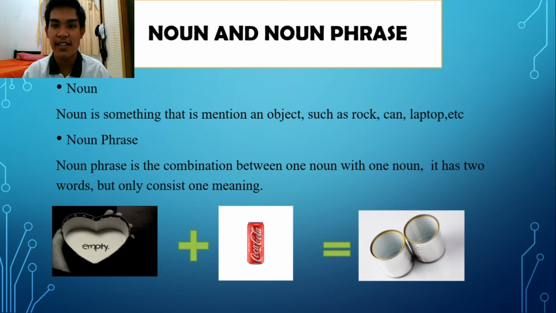Noun phrase is the combination between one noun with another noun. Maybe it has two words, but it only contains one meaning, such as there is an empty and a can. If we combine both of the words, it will become empty can. So it's two words, but it's only one meaning, a can that is empty.